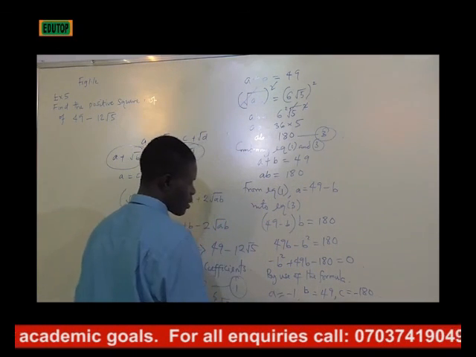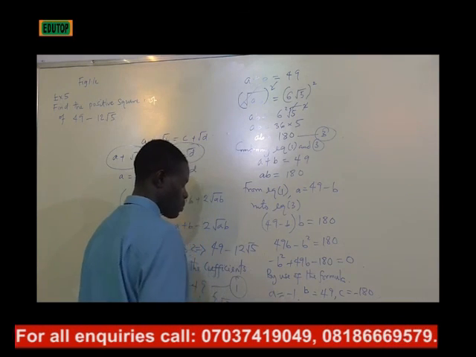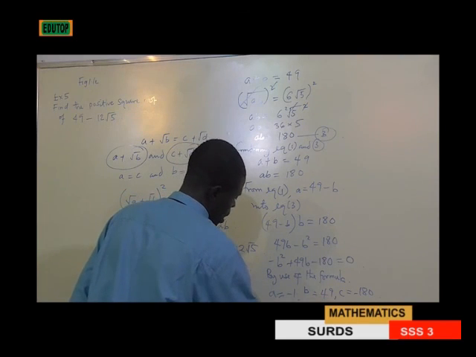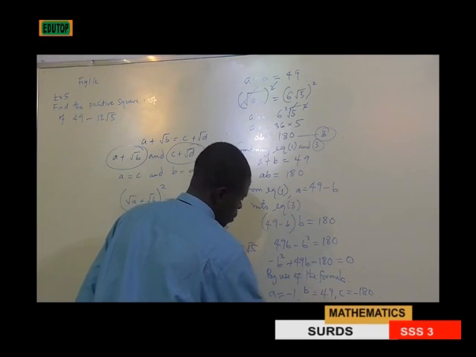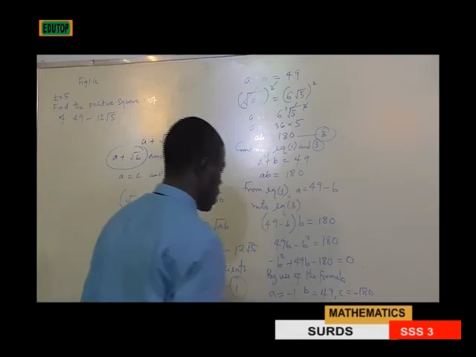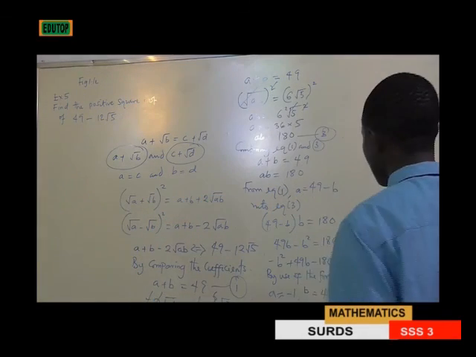And the formula says that X is equal to minus B plus or minus the square root of B squared minus 4AC, over 2A. So that's the use of the formula. And by so doing, what's my B? My B is this.